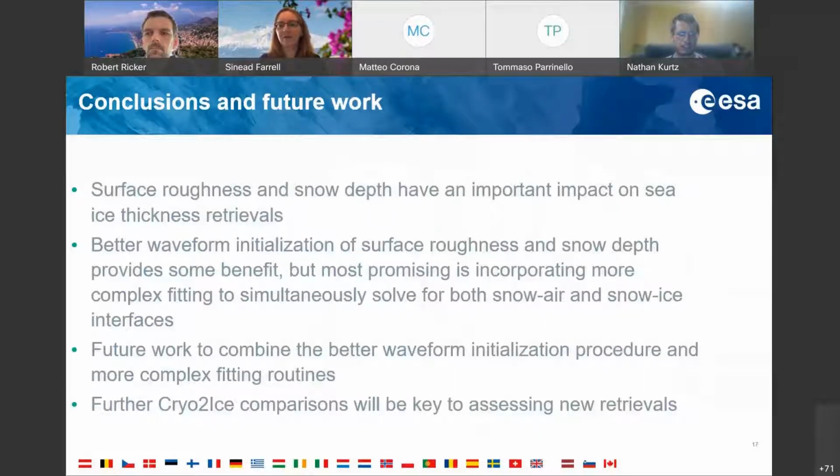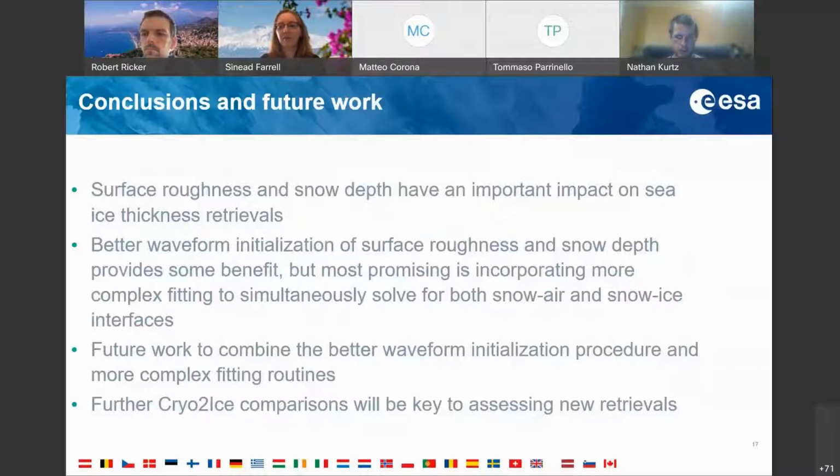But really, just to sum up, we do have a bit more work to do. So we have these 2 different methodologies that we're going to try to blend in the future. So the better initialization of the waveform just from the waveform characteristics, especially with regard to surface roughness and snow depth. But then again, increasing the complexity of the model fitting.